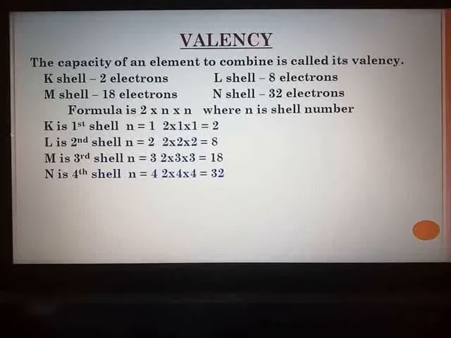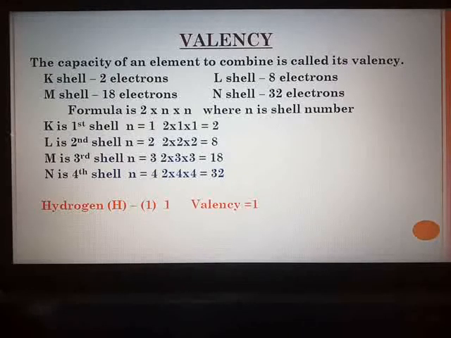Let us take our first element, which is hydrogen. For calculating valency, it is very essential for you all to know the atomic number. I am speaking about atomic number, I am not speaking about atomic mass.